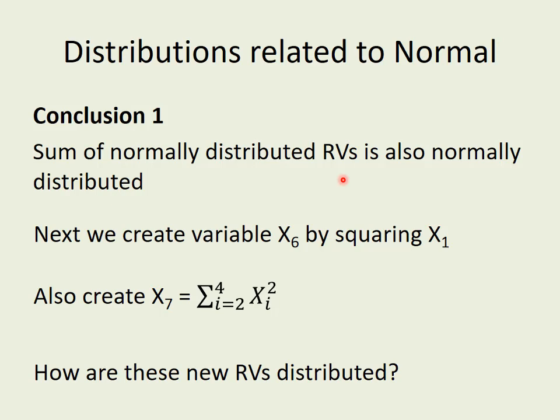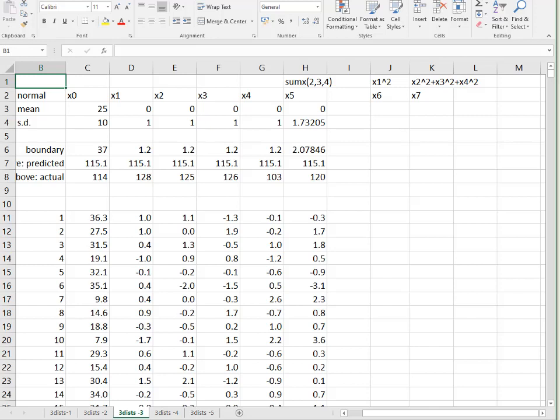Next, we're going to create a new variable, as I indicated at the end of the last video, by squaring x1, and also another variable by squaring x2, x3, x4, and adding those. So let's nip back to the spreadsheet and actually do that.